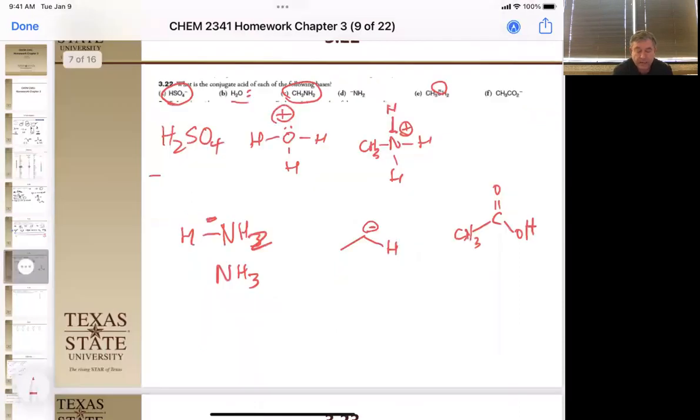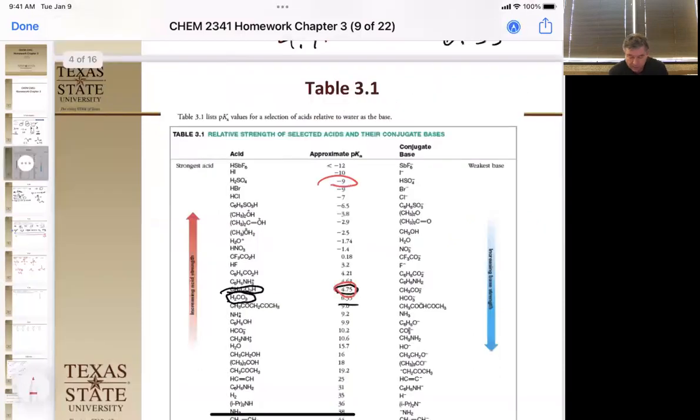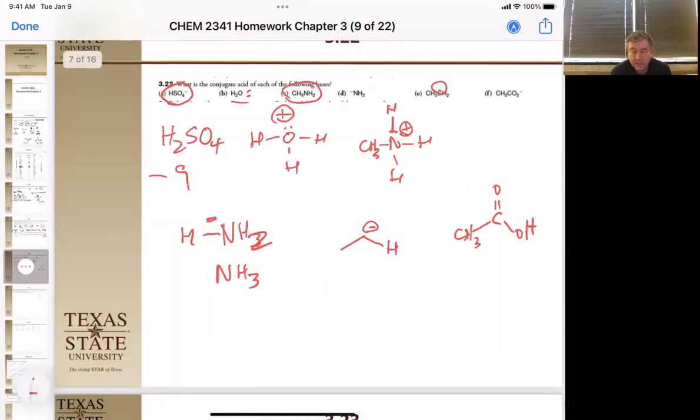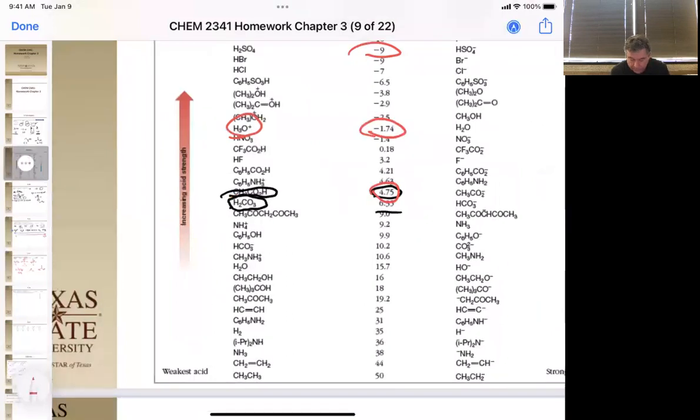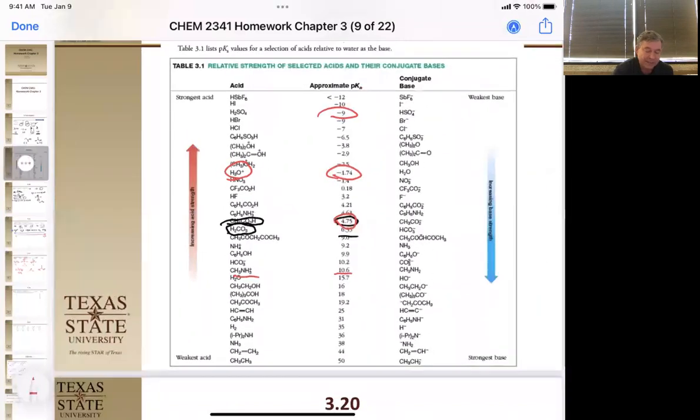We have hydronium ion, which is up here at minus 1.7. We have the protonated nitrogen compound, which is right here at, I'm sorry, 10.6.